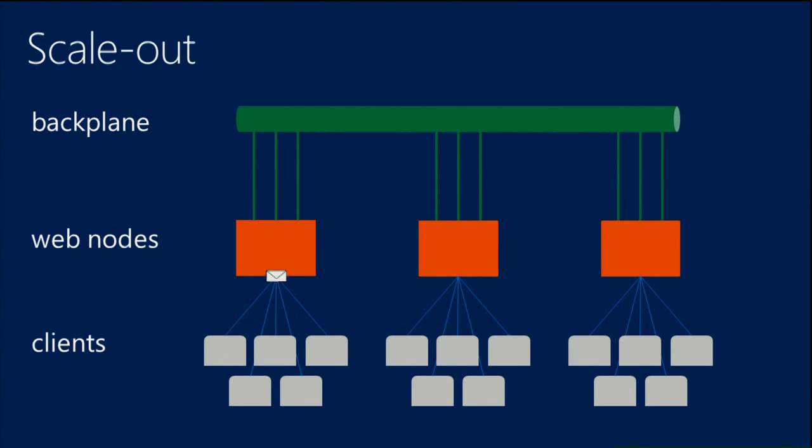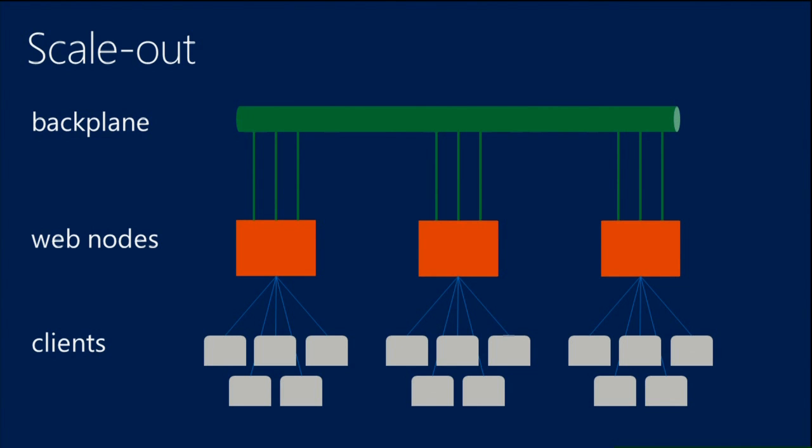Instead of sending a response immediately back to the client, the server pushes this message up to the backplane. The backplane is basically a messaging bus, and it replicates these messages across all the servers. It pushes the messages down to all the servers, and all these servers then push the message down to all the clients as well.